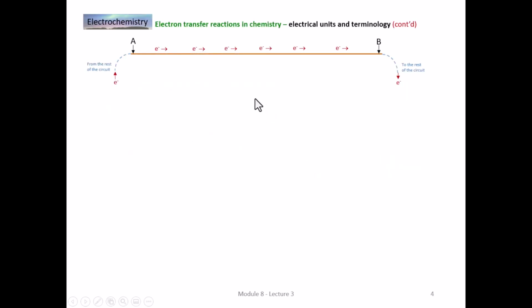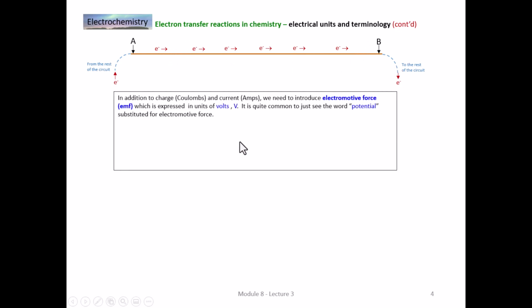Here's our diagram once again. We now have our electrons flowing from A to B in the diagram. Now, in addition to charge in coulombs and current in amps, we need to introduce what's called electromotive force, EMF, which is expressed in units of volts, V. It's quite common to just see the word potential substituted for electromotive force.